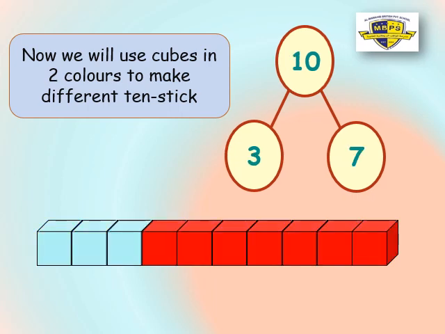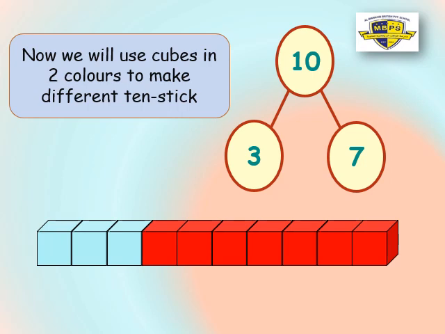Now another way of making 10, again on your sheet of paper, put 10 at the top, and I want you to get 2 different colors, blue and red now. I want you to color 3 squares blue, and you've got 3, right? I want you to count onwards after the blue one, count till you get to 10 and stop, but with red color.